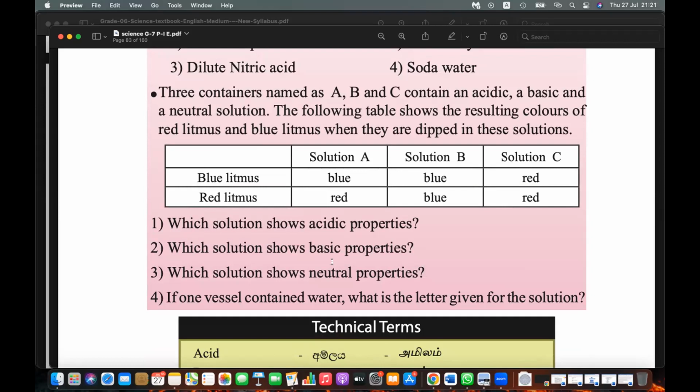The following table shows the resulting colors of the red litmus and the blue litmus when dipped into the solutions. Blue turning red in C means C is the acid. Red turning blue in B means B is the base. So which solution shows acid properties? Is it solution A, B, or C?